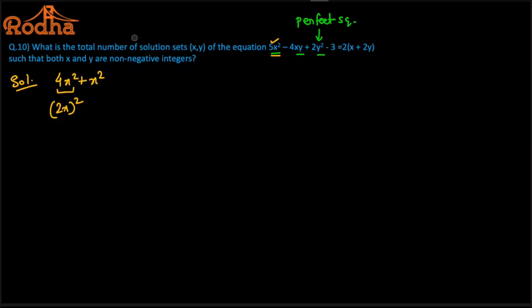Now after this, we'll be writing minus 4xy. So minus 4xy is already there, and this 2y square again is not a perfect square. So again we split it into y square and y square, and minus 3 is equal to 2x plus, basically, 4y I can write. You can observe this, guys.